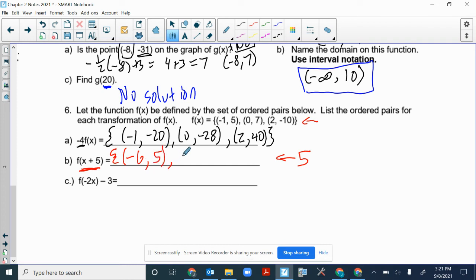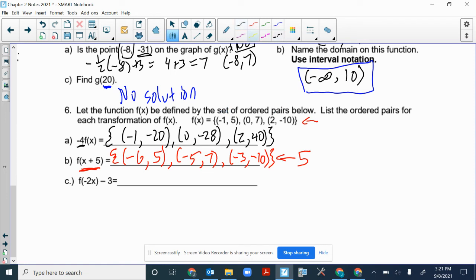And the y coordinate would stay the same. And as long as I can do my subtraction correctly, those are our coordinate points. So -6, 5, -5, 7, and -3, -10, because I've taken them all and subtracted 5.